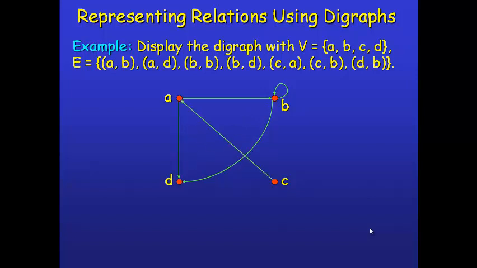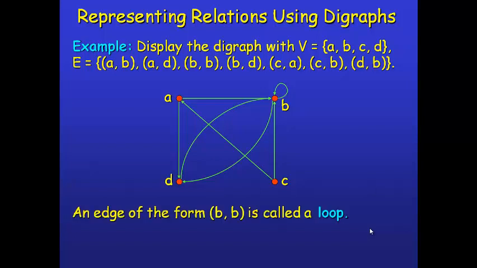The next edge is c to a. Then our next edge is c to b, and our final edge is d to b. So I think you understood the concept of how to represent relations by using graphs. An edge of the form (b, b) is called a loop, that is, it starts at the same node and also ends at the same node.